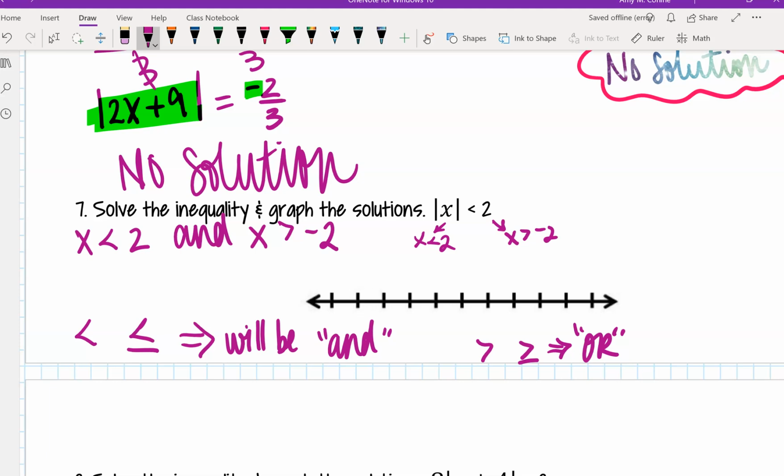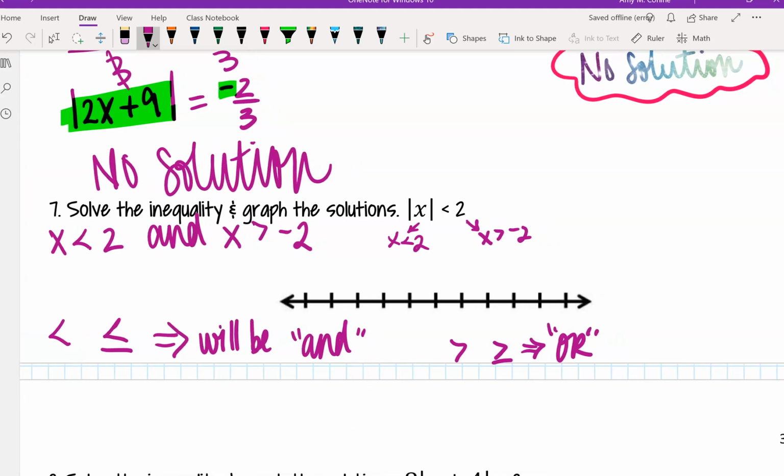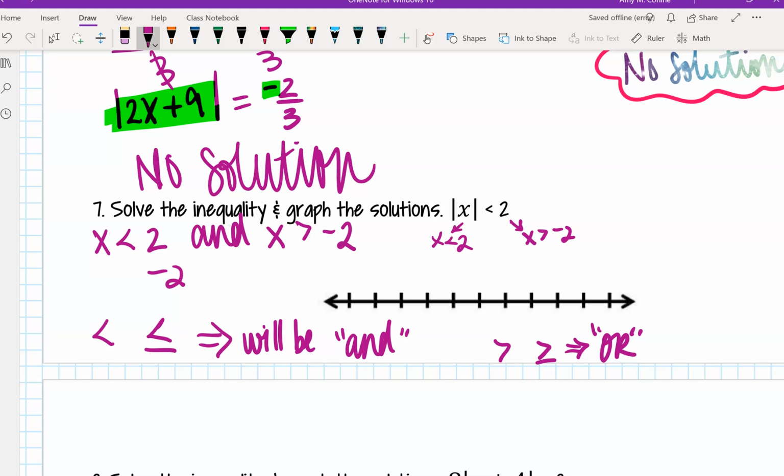So now we do have an and, so we can say that -2 is less than x and x is less than 2. So we have this and inequality that we can go ahead and put on our graph. They're both open dots and we can shade in between them. So anything you put in there will be less than 2.